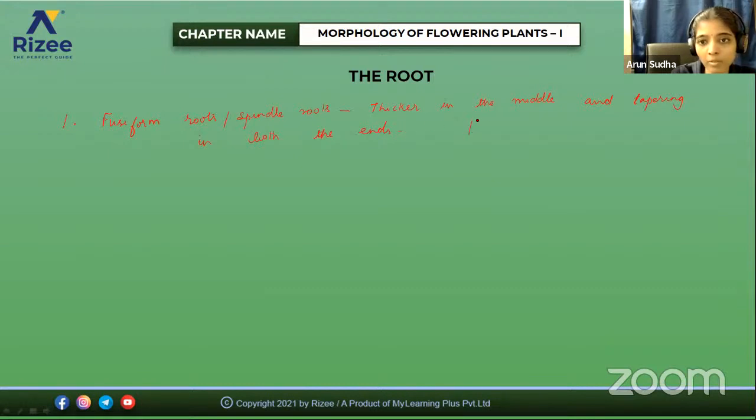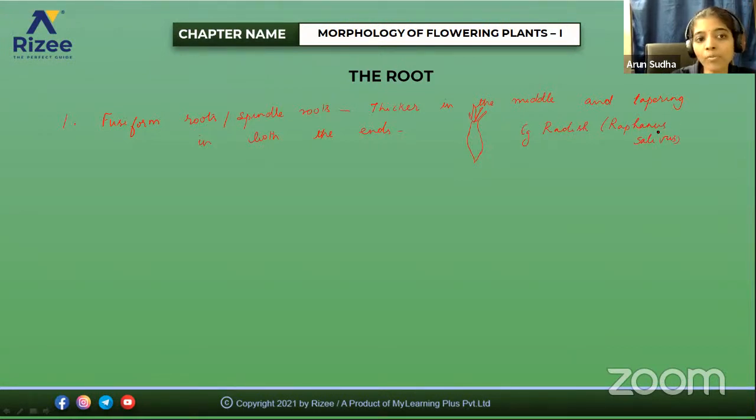For example, it will be tapering at the end, in the middle it will be a little broader, and again tapering. The example for fusiform or spindle roots is radish, Raphanus sativus.